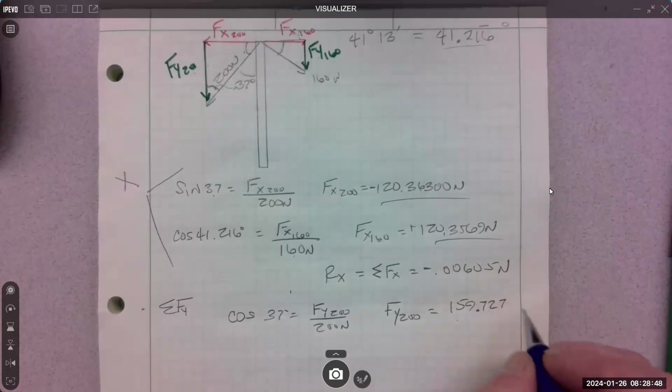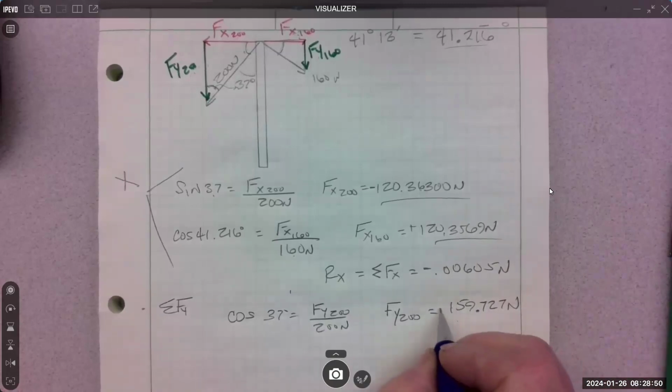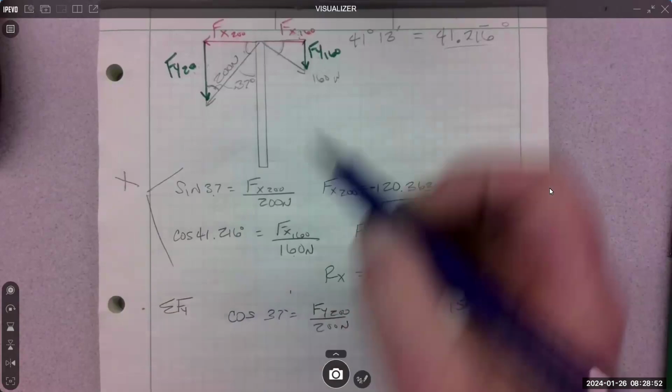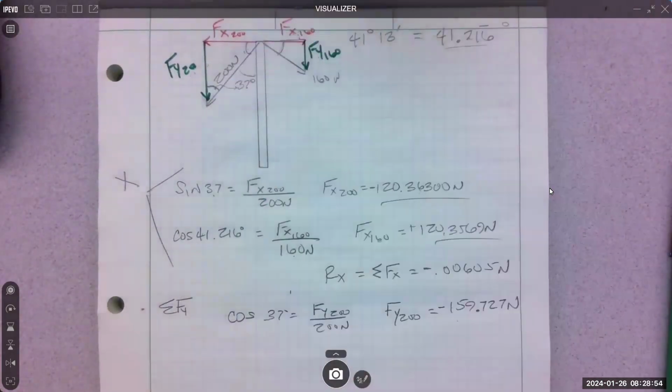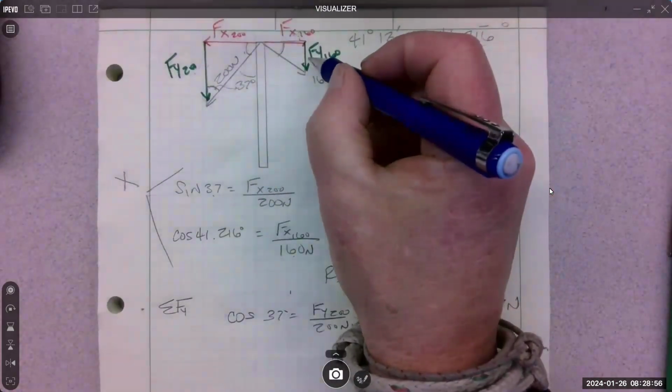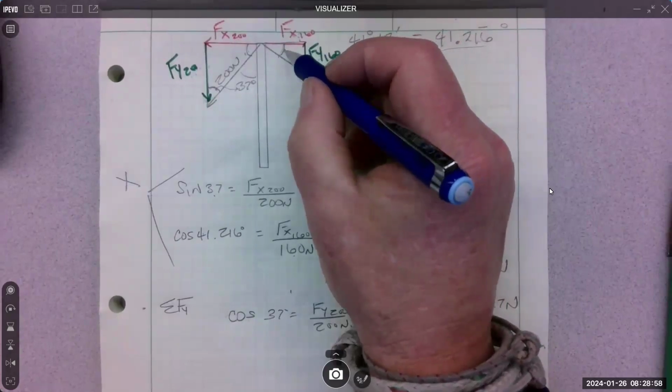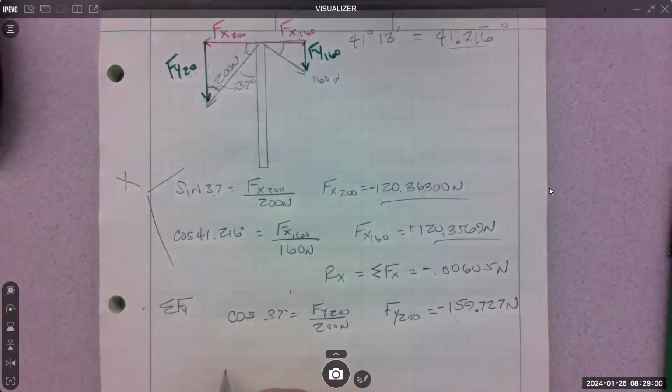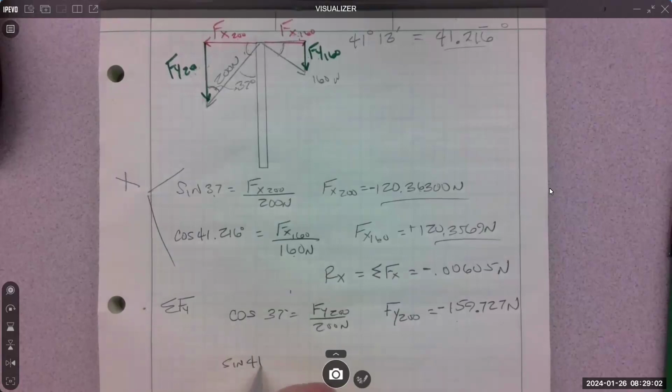Is that positive or negative? Negative, because it is pointing down. And now we need this one, which is going to be sine of the 41, equals Fy of the 160 over 160.